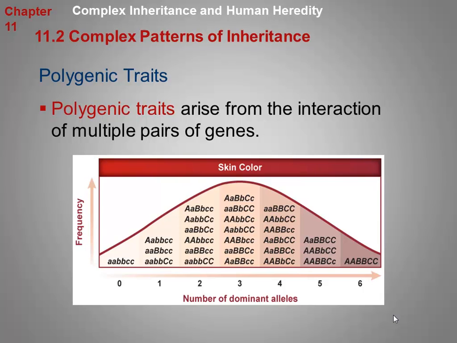Eye color and height are all polygenic, where there are multiple alleles that control your skin color, hair color, eye color. They are all controlled by multiple genes. And that's called polygenic. Poly means many, and then genes. Many genes controlling a trait. So you have multiple genes controlling these things.